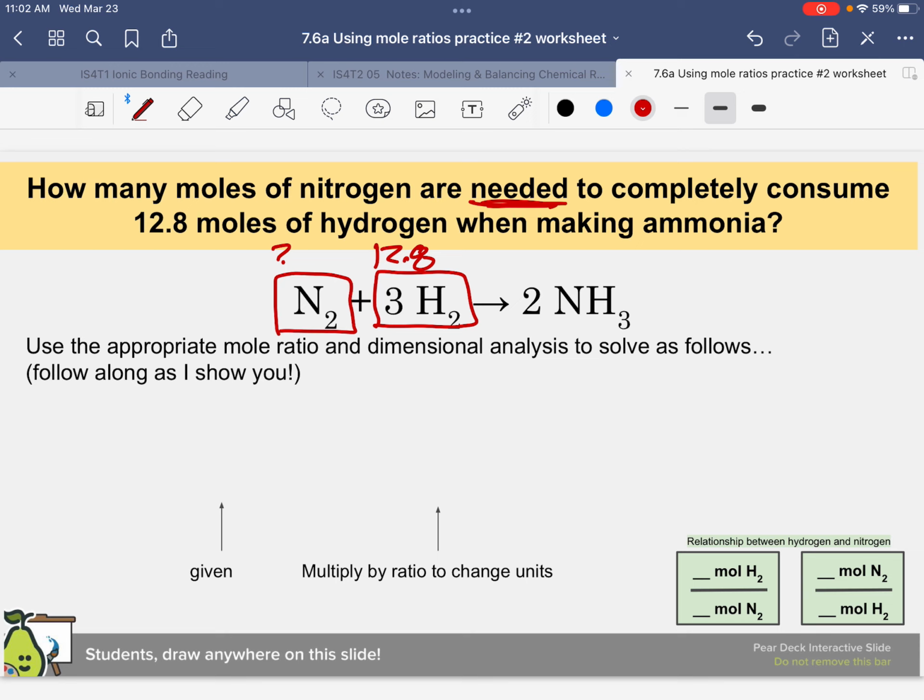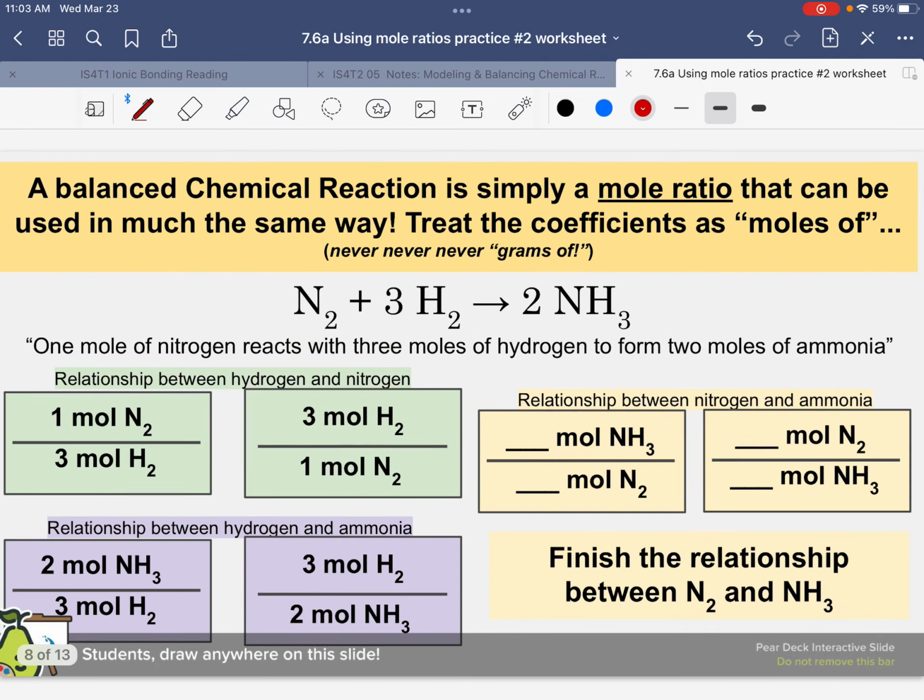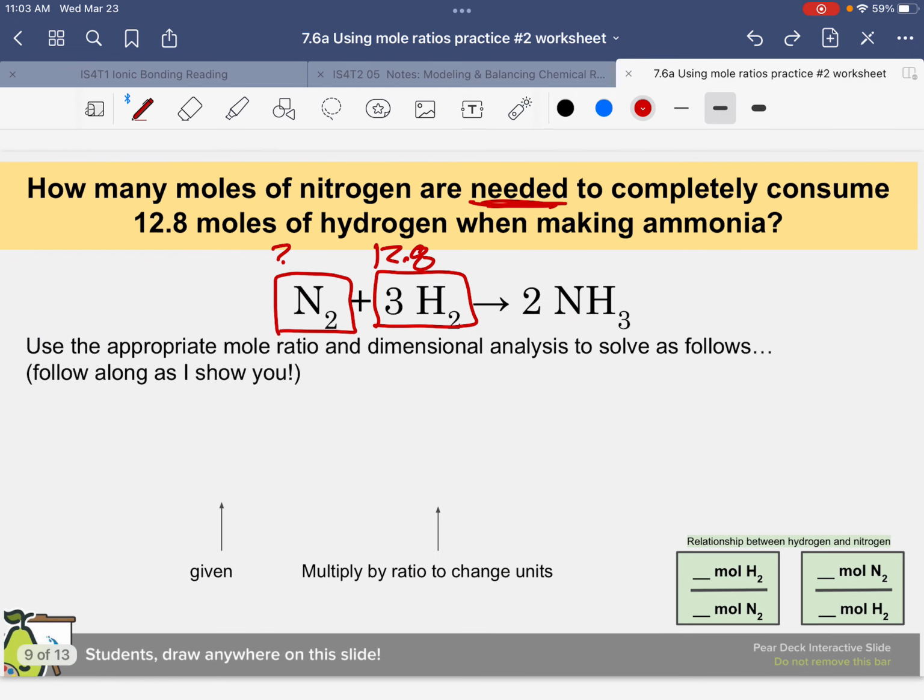So we're just finding the same 1 to 3 ratio, but for nitrogen, because I need 1 mole of nitrogen for every 3 moles of hydrogen. Do not make the mistake of ever saying it's 1 gram of nitrogen to 3 moles of hydrogen. That is going to cause you a problem. It is always moles. It is number. When we balance these, it's about the number of molecules or atoms, not about the mass, although the mass is going to be equal on both sides because of that.